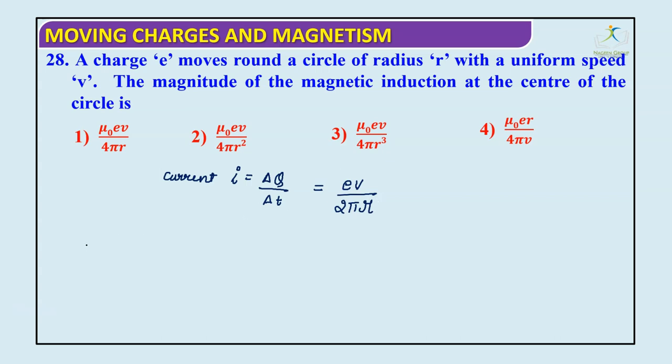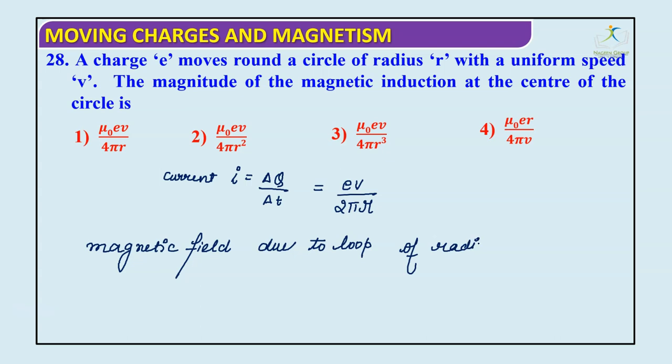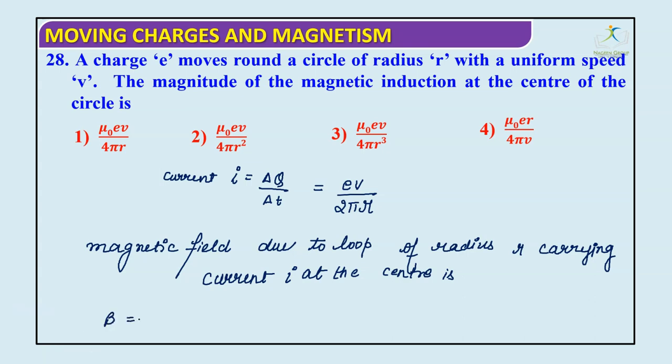Magnetic field, if I take the magnetic field due to a loop of radius r carrying current I at the center, we know the formula for this also, which is B equals mu naught I divided by 2R.